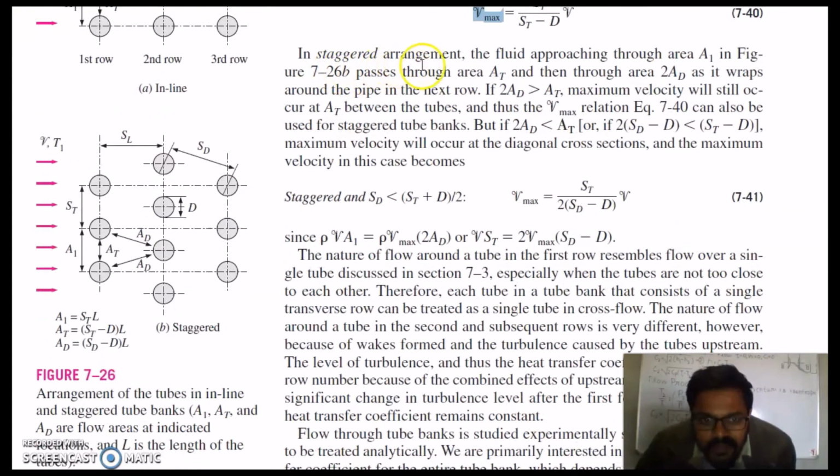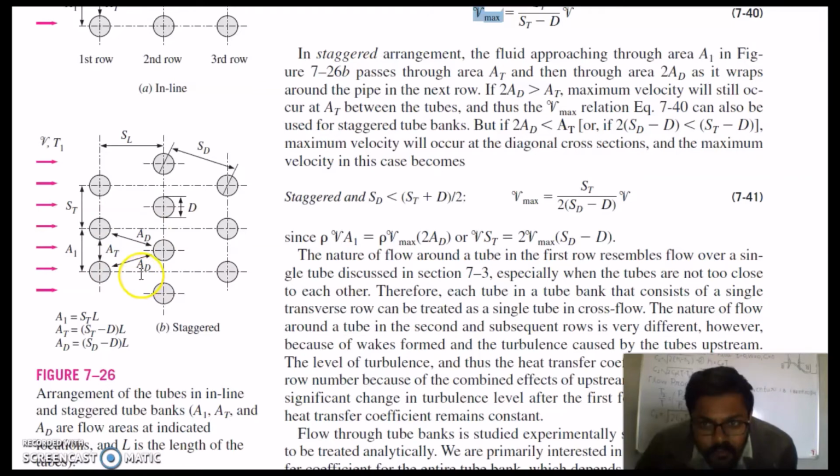In the staggered arrangement, the fluid approaching through area A1 in this figure passes through A_T here and then through area A_D and this A_D, which means part will go from this side and part will go from this side, so 2 A_D, as it wraps around the pipe in the next row.